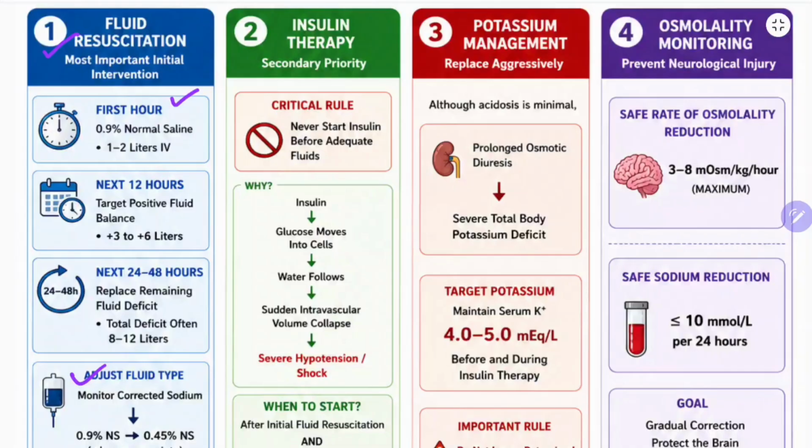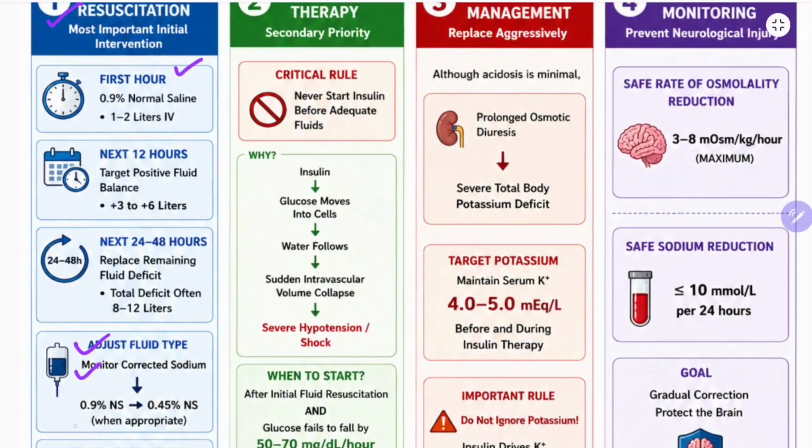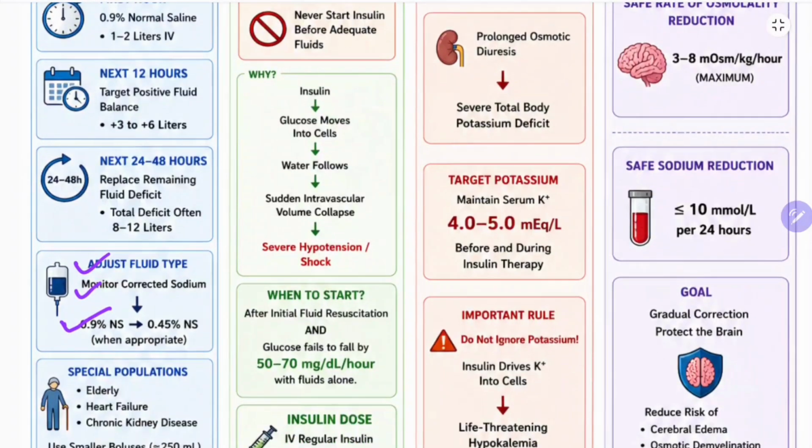Adjust the fluid type and monitor corrected sodium, because whenever you see increased corrected sodium, you change from 0.9% NS to 0.45% NS, whenever appropriate.